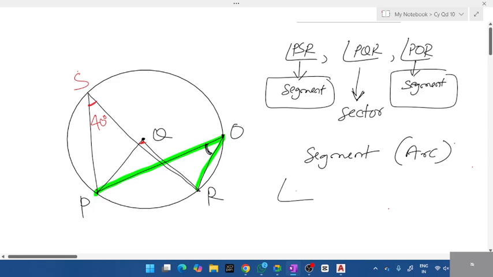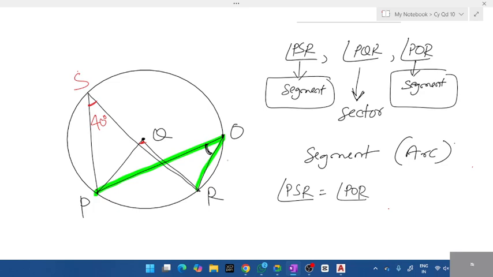Equal. So which two angles are equal here? Angle PSR is equal to POR. Simple. That's it. So what's the value of POR? 40 degrees. Make a note of this.